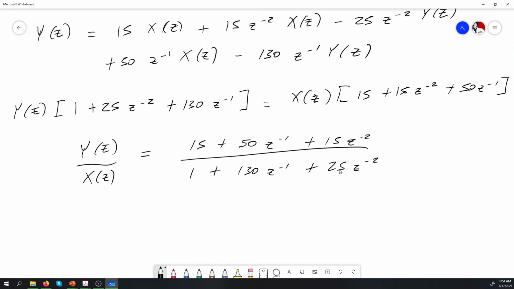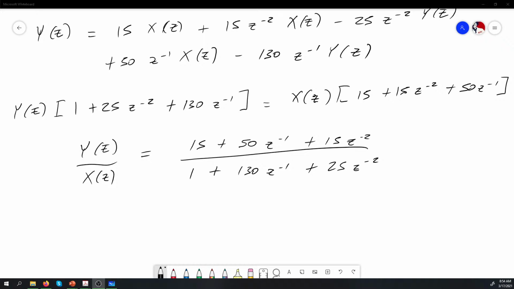Alright, so that basically gives us our transfer function using the block diagram representations for question 2.